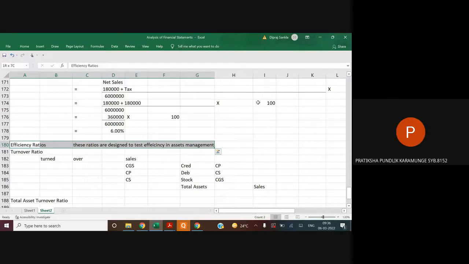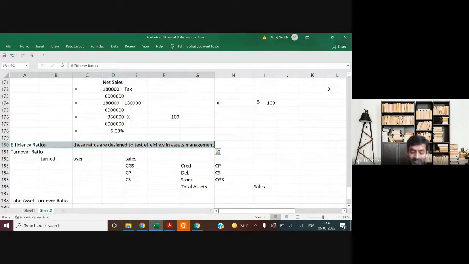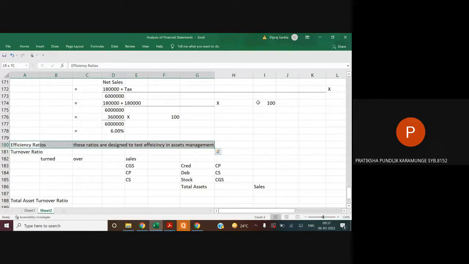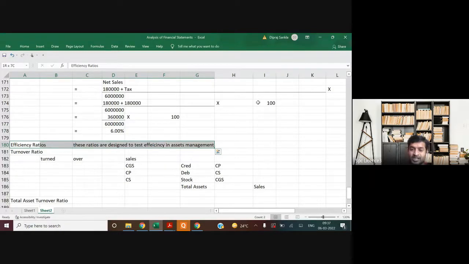Now here in these three ratios, asset, stock and debtors, these three are assets, na? But creditor turnover ratio also comes under efficiency ratio, and creditor in accounting language is recorded as a liability, right? There is one question.